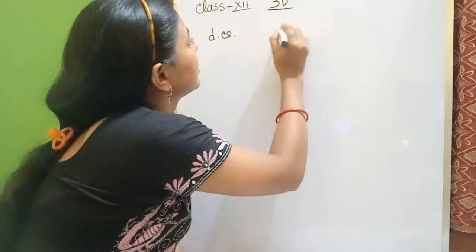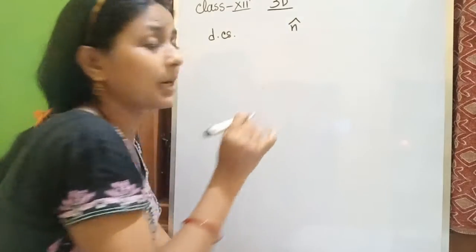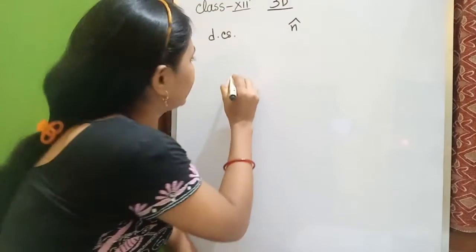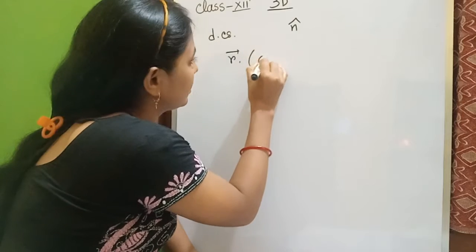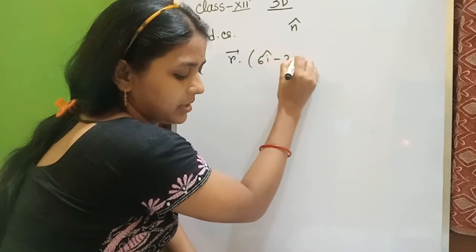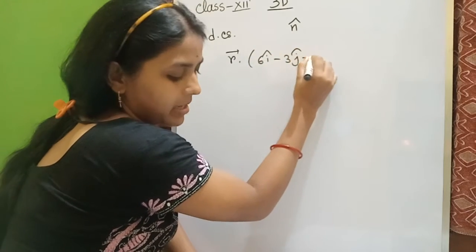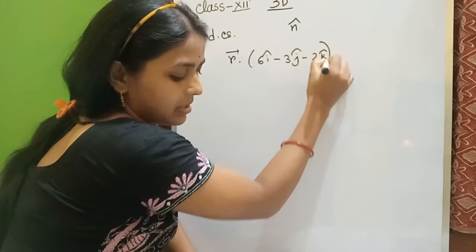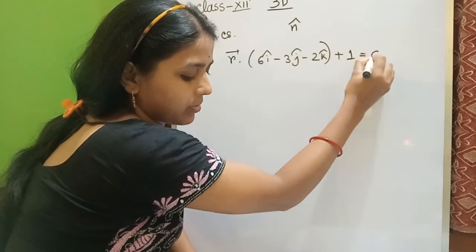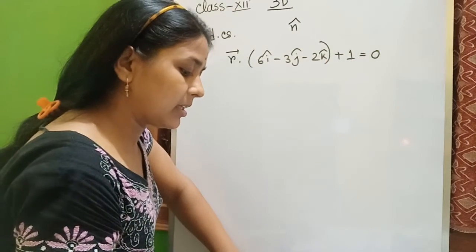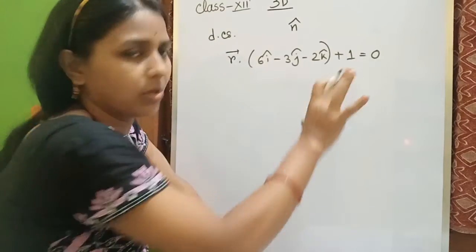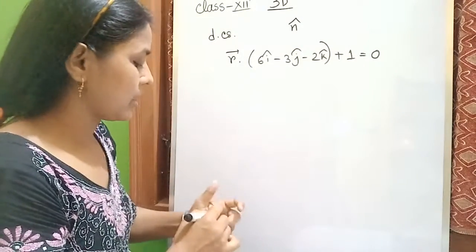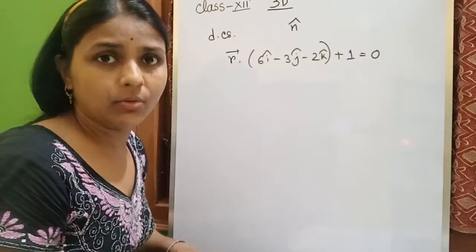That means n cap perpendicular to the plane, and the plane's equation has been given like this: r dot (6i minus 3j minus 2k) plus 1 equals to 0. This passes through the origin. Okay. So we have to find it.